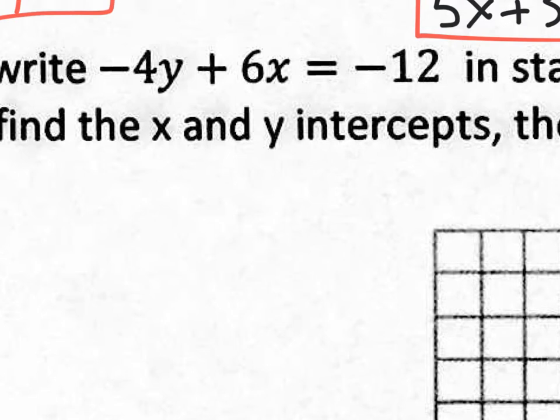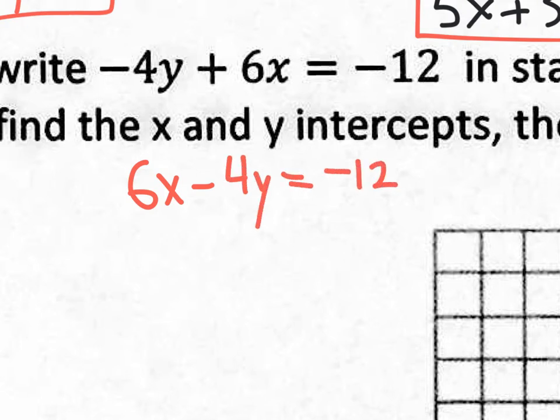So we're going to write it in order first by switching the y's and the x to have the x first, then the y. So I want to rewrite it. It's going to be a positive 6x minus 4y equals negative 12. Now, before I even start working, is there any way I could make this nicer? Yeah, it's all divisible by 2.